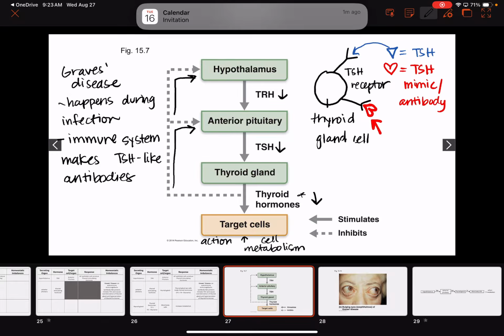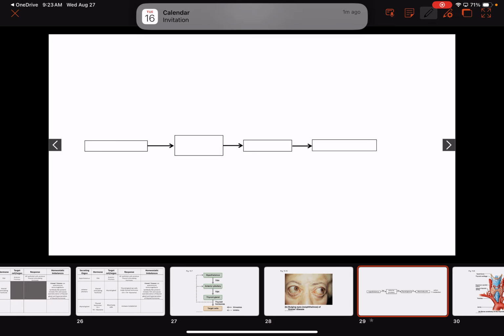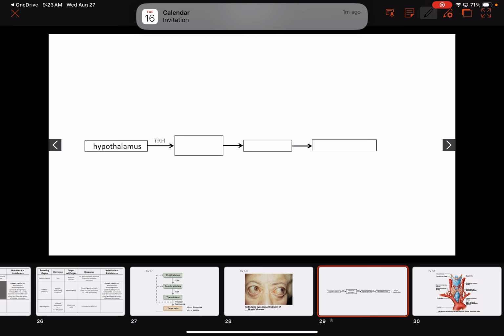All right, everyone okay with the concept of Graves' disease? Okay. So this would be the pathway. Hypothalamus releases TRH, which targets the anterior pituitary gland to then release TSH, which targets the thyroid gland to then release thyroid hormone, and that's going to target most body cells.